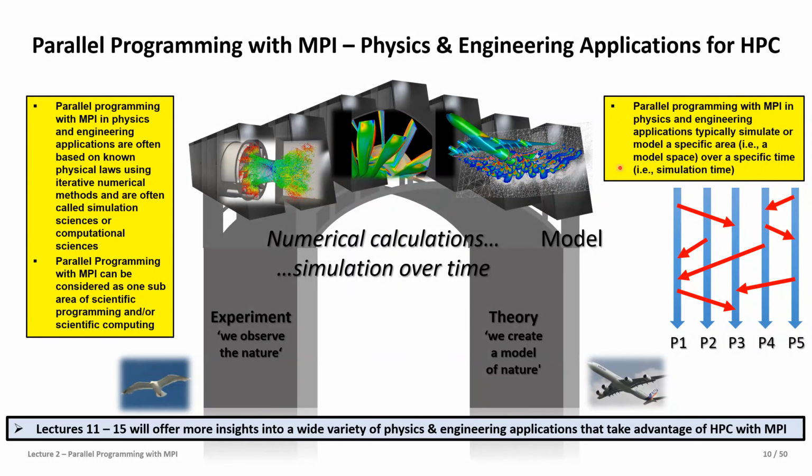And many of these are very complex applications and very complex computations, over a specific time that you see here, the rotor of this particular turbine, and in this we will exchange messages for this model.